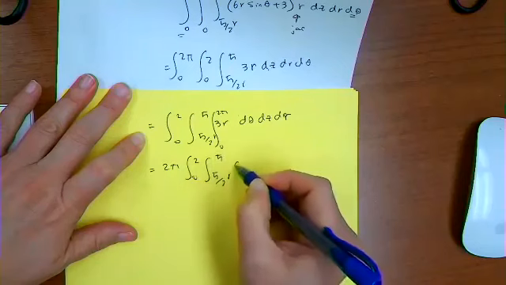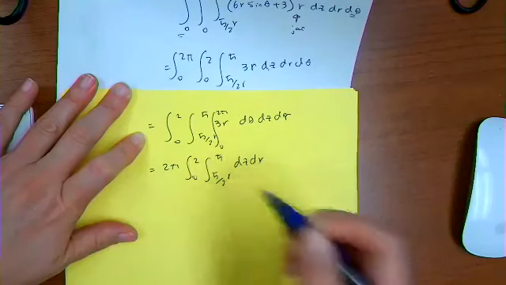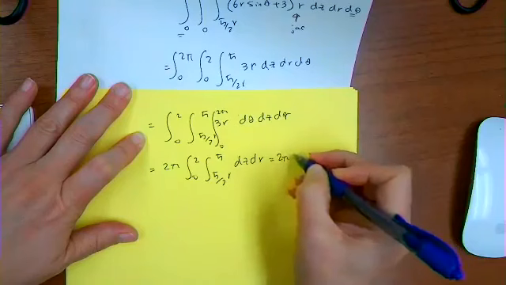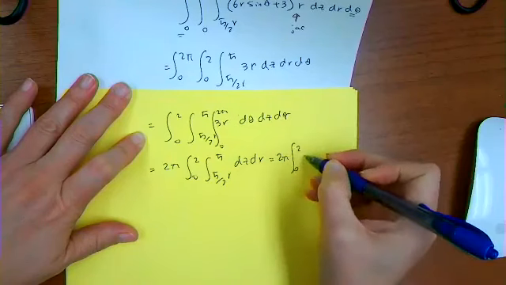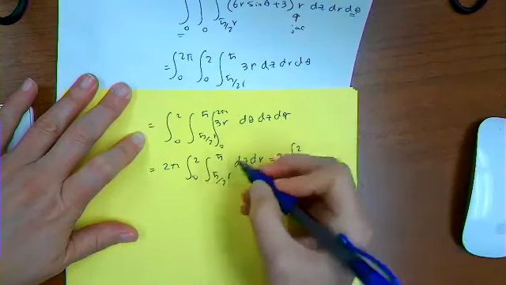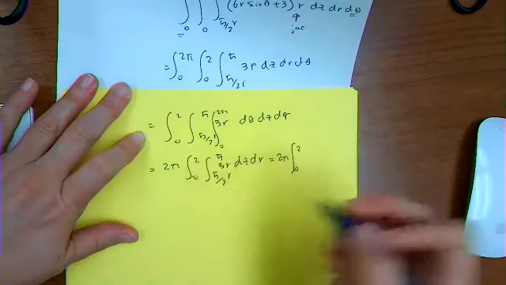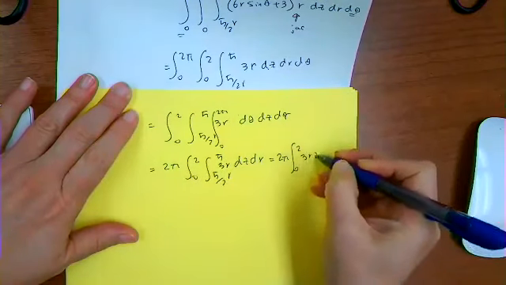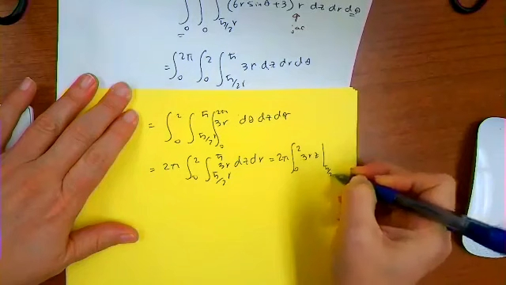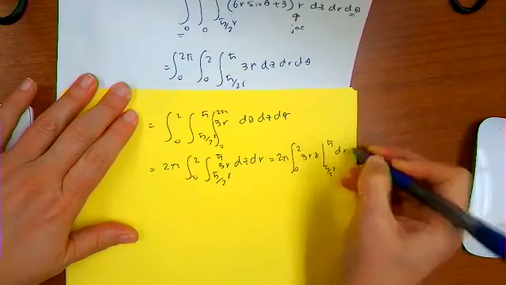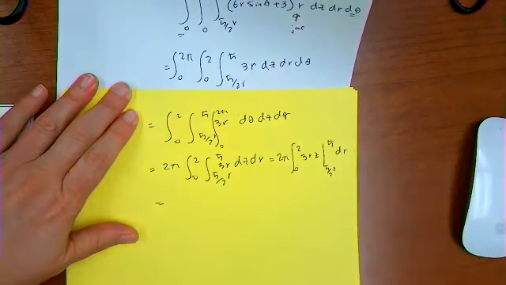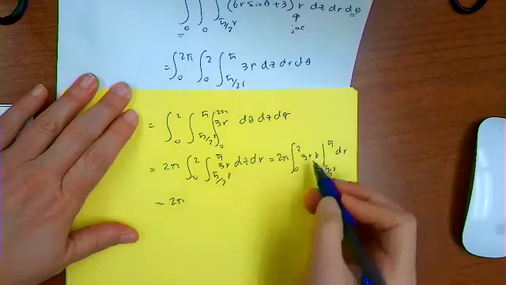Then z from 5/2 of r to 5, dz, dr. Take the integral of the inside, and don't forget the 3r, you get 3rz from 5/2 of r to 5, then dr, and then 2 pi.